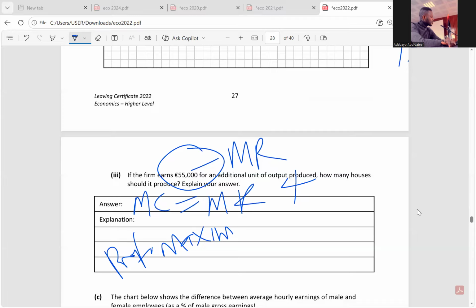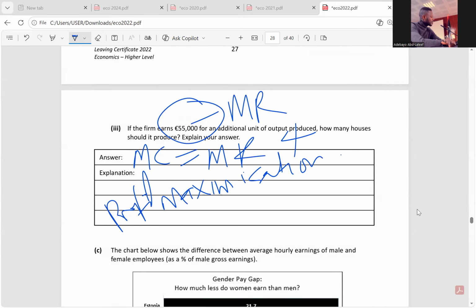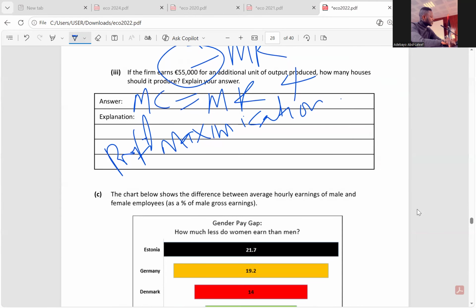Profit maximization, where MC equals MR. They said explain, so that's it. Profit maximization.